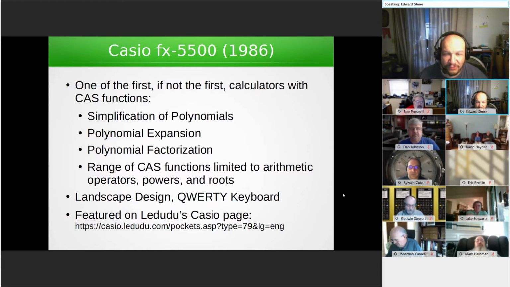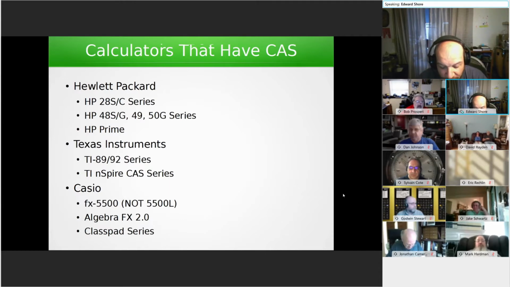What calculators do have CAS? I'm pretty sure you all are familiar with the Hewlett Packard. It started pretty much with the 28 family, the 28S, 28C with its magnificent RPL engine. Then it went to the 48 series, 49, and 50G, and of course the HP Prime.